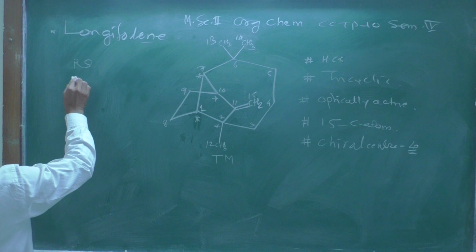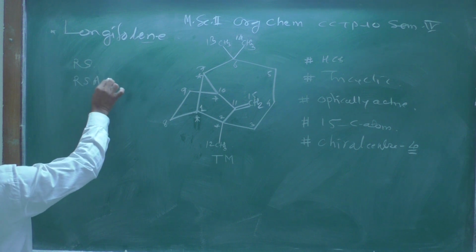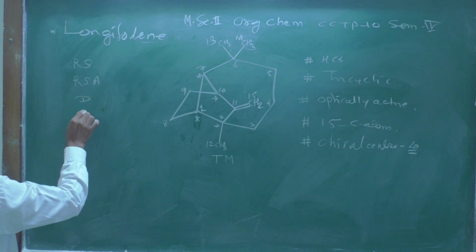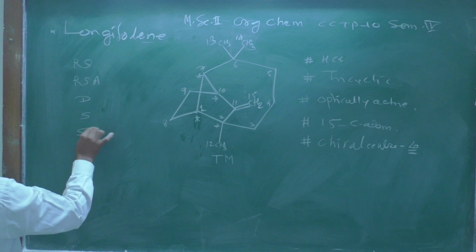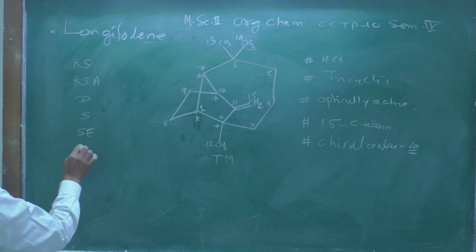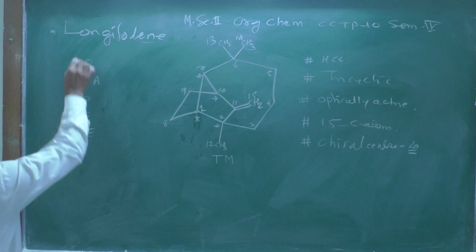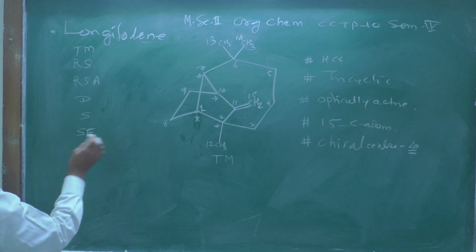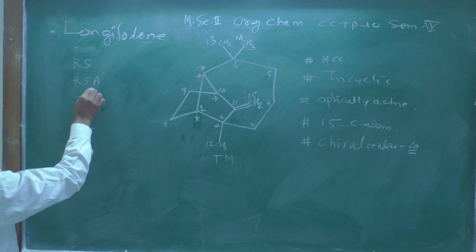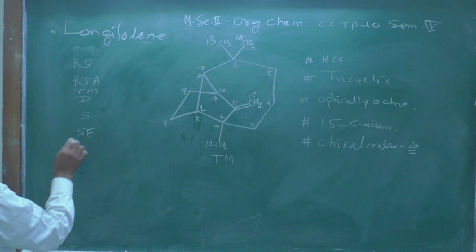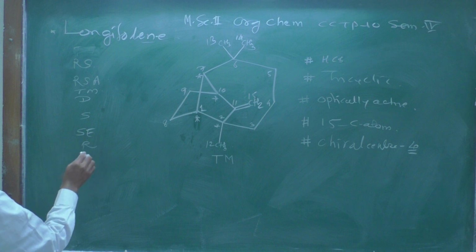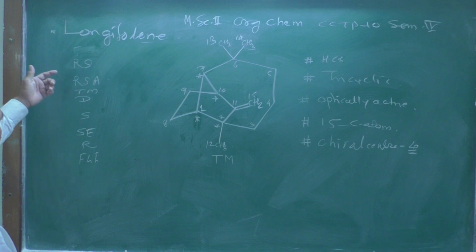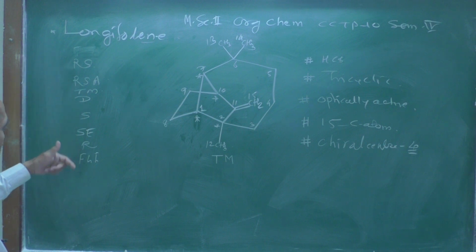Number one, RS, retrosynthesis, retrosynthetic analysis, then disconnection, then S stands for synthon, synthetic equivalent, then TM, the target molecule we have just seen, then R is a reagent, and then FGI, functional group interconversion. These are the terms 1, 2, 3, 4, 5, 6, 7 and 8.